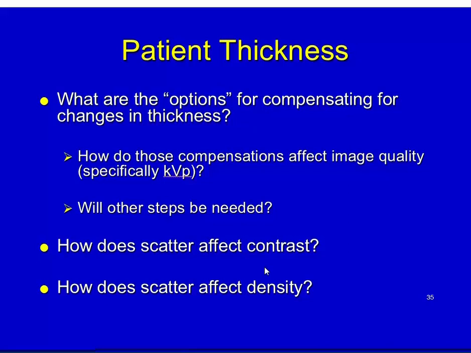It lays down a layer of density, but again, I don't want you to confuse the increase in patient thickness with scatter creation and scatter creation with increase in density. Scatter is a layer of density. It's an unwanted density on the image receptor.